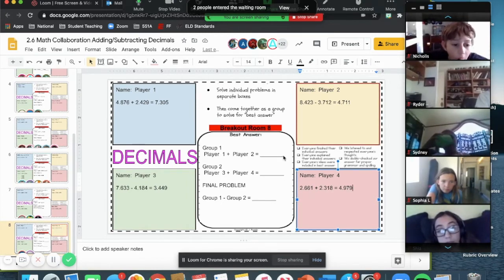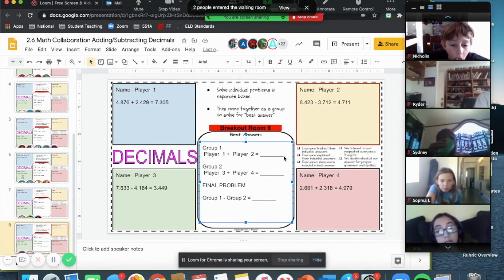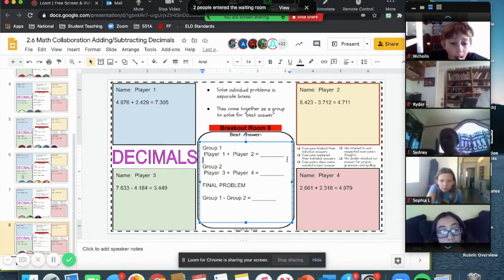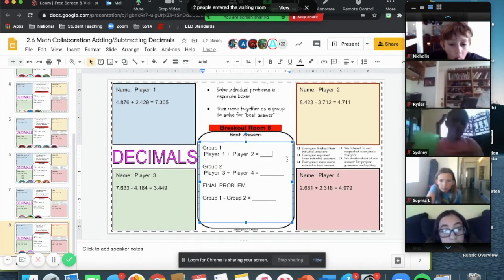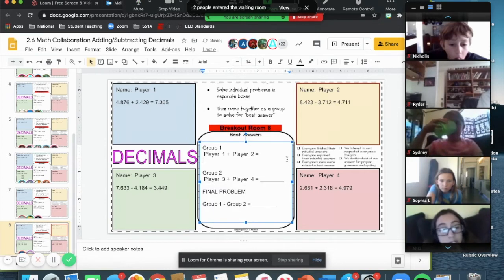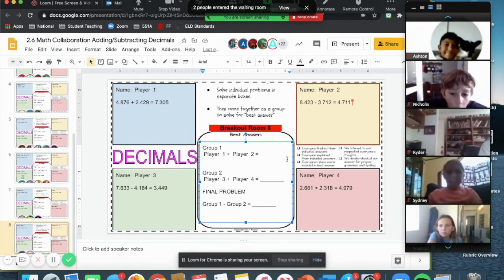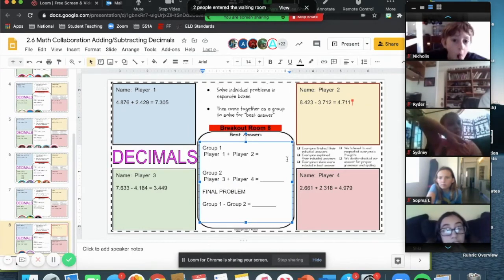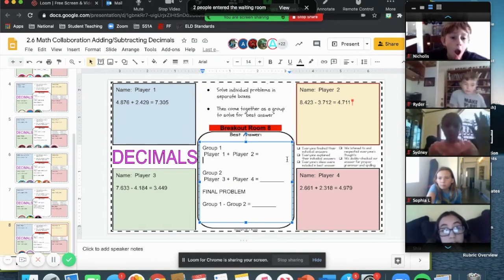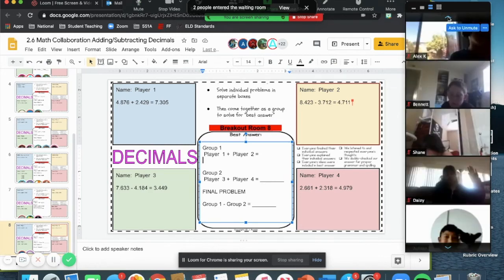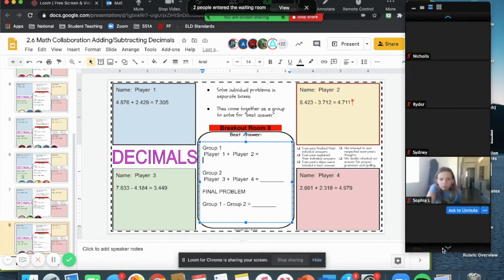Okay, so let's look together then for our group 1 when we're working in duos here. What's our equation going to be? Kayla, what's our equation going to be for group 1? Kayla? No, Kayla?